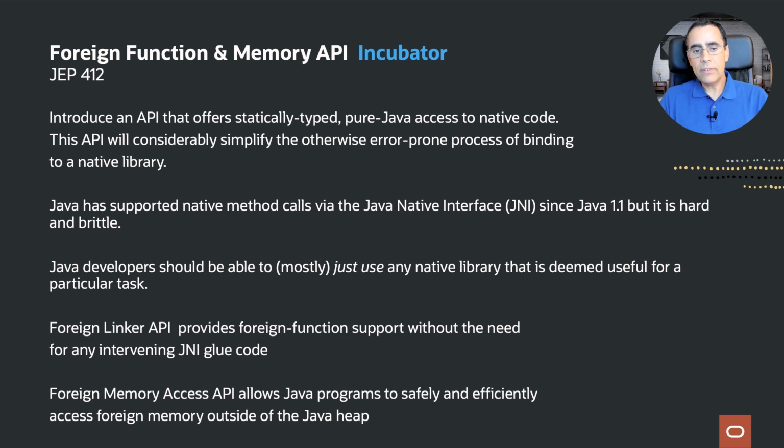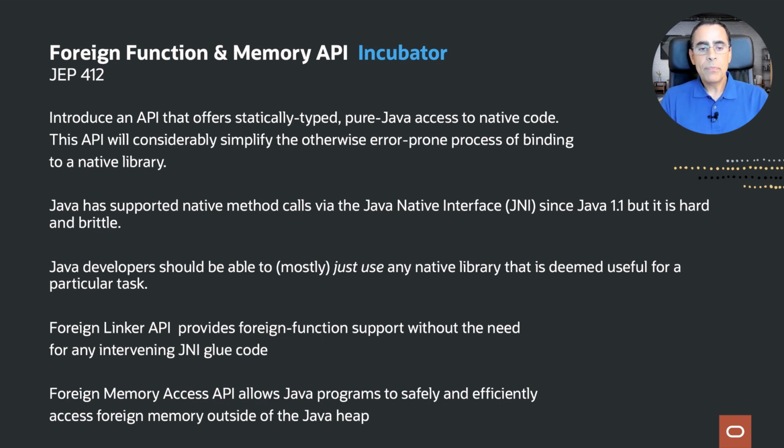We also get to test two APIs, courtesy of Project Panama, that will make it simpler to run non-Java code, for now specifically C libraries on x64 and ARM64 platforms. Although Java has supported native method calls using Java Native Interface since Java 1.1, this has always been hard and brittle.